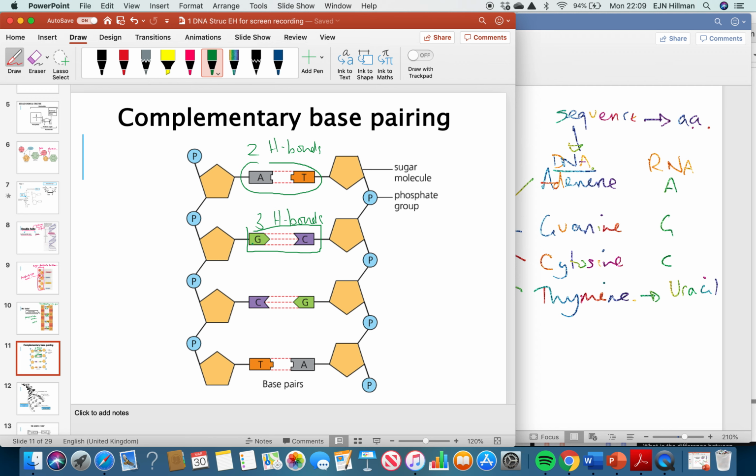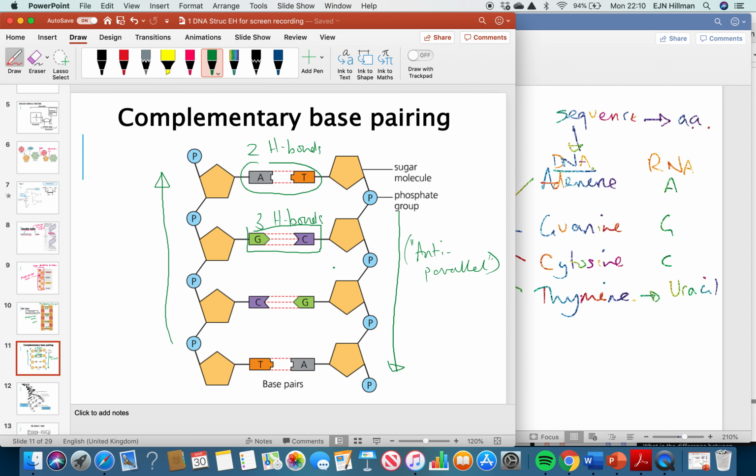Now, one other thing you may notice about this diagram is the relative directions of the 2 polynucleotide chains or polynucleotide molecules. So we can see that they run in opposite directions. The phrase we use here is they are anti-parallel.